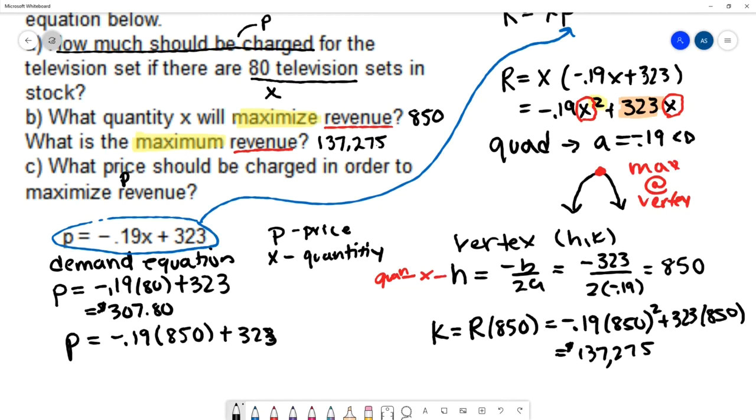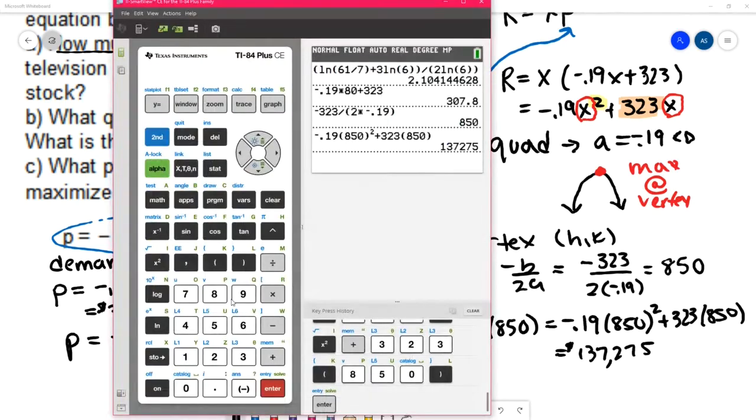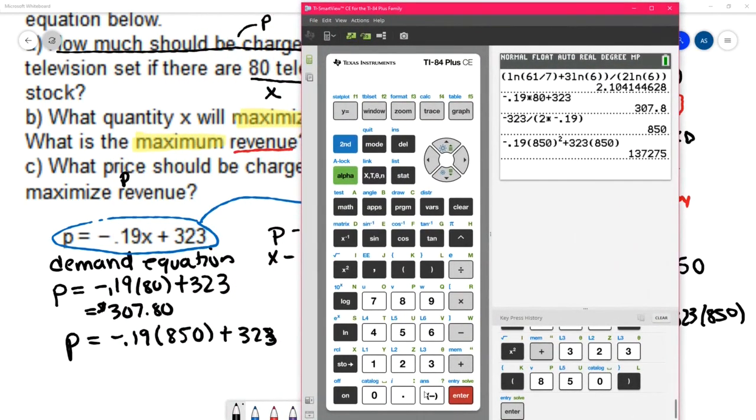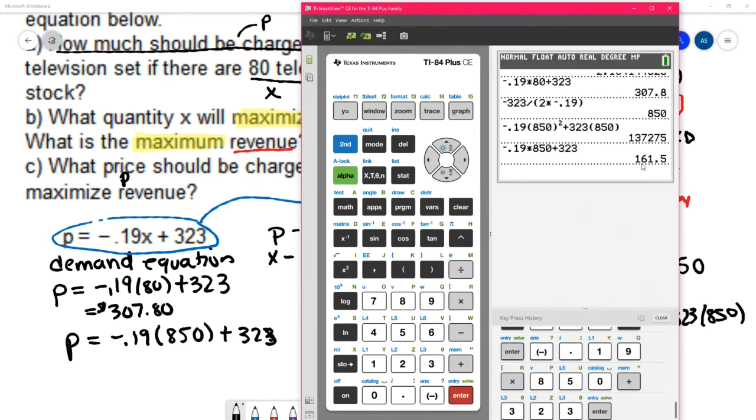So I'm going to substitute that 850 into the demand equation to figure out what price we're going to set. So we have negative 0.19 times 850 plus 323, and that's $161.50.